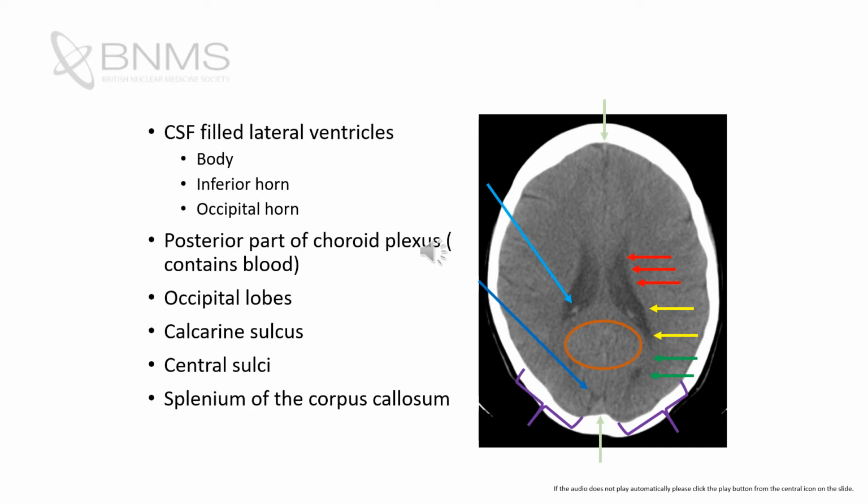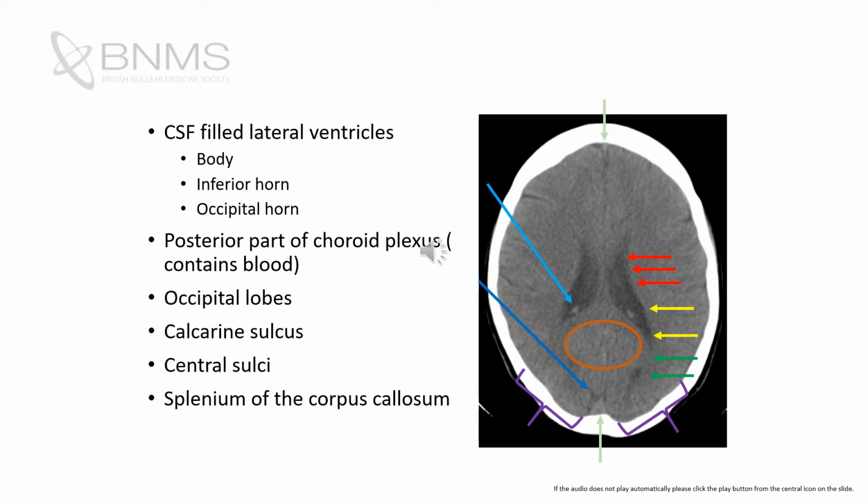The lateral ventricles contain cerebrospinal fluid, which is low attenuation. The body of the lateral ventricle can be seen by the red arrows. If you click, these will appear.